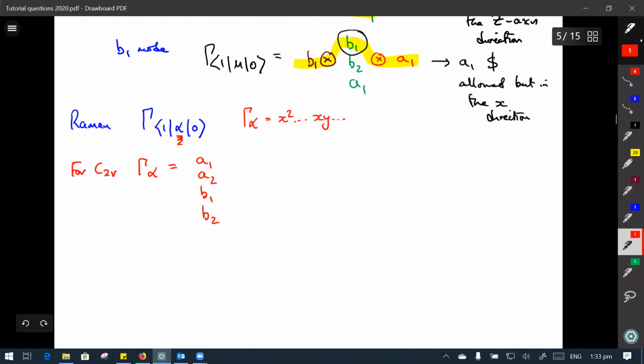You could kind of take a shortcut because they're all allowed. Because alpha has symmetry species for all of C2V, all vibrations must be Raman active.